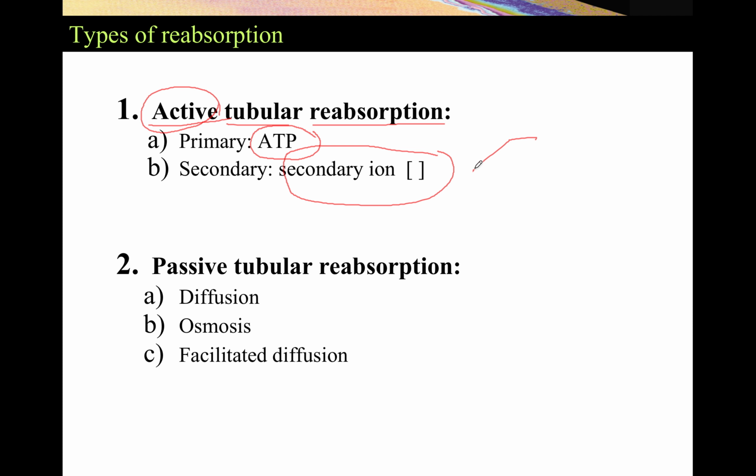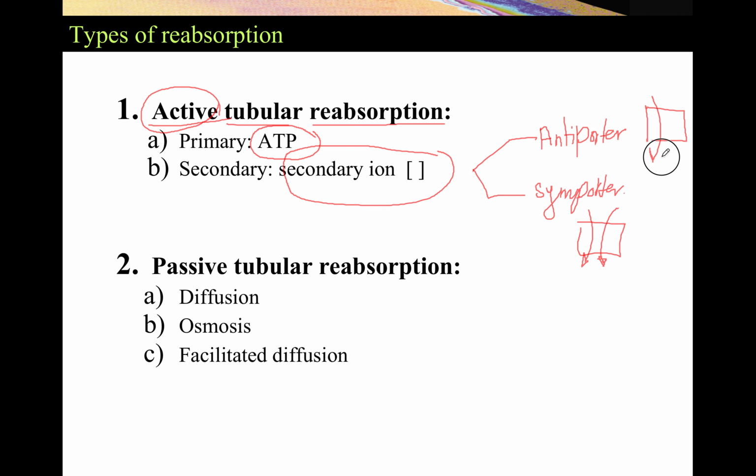Secondary transport was branched into either antiporter or symporter. In a symporter, both molecules move in the same direction, one with the concentration gradient, one against. And antiporter was the molecules moving opposite of each other.